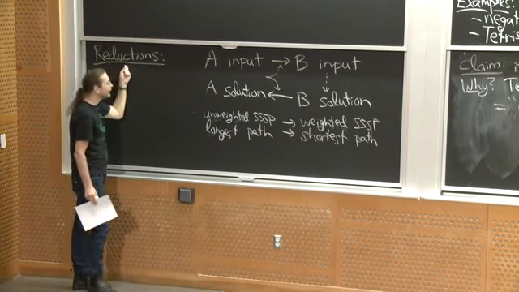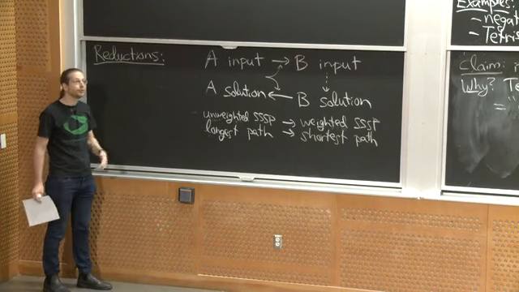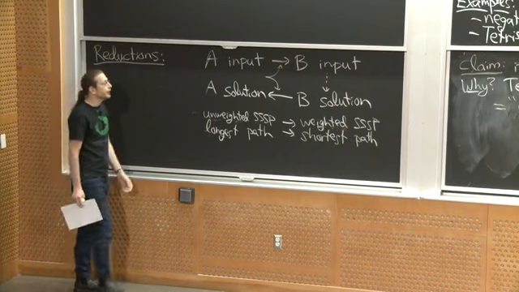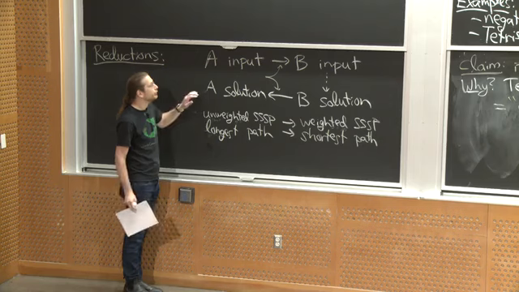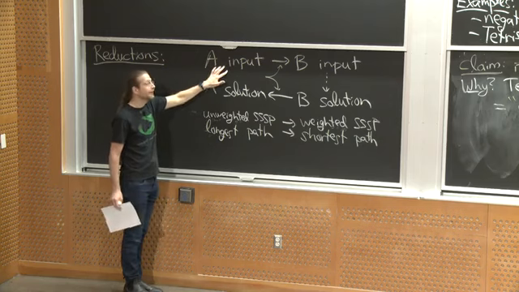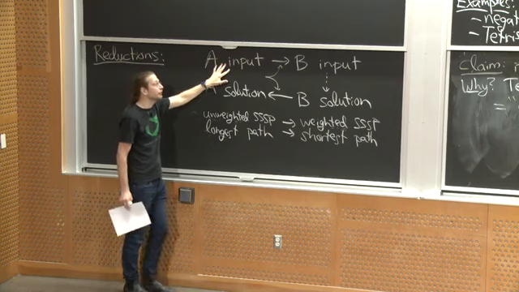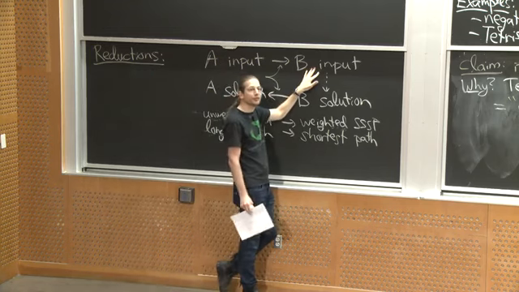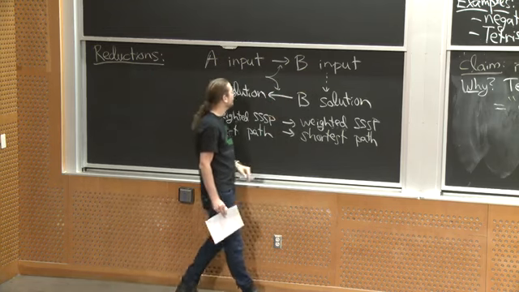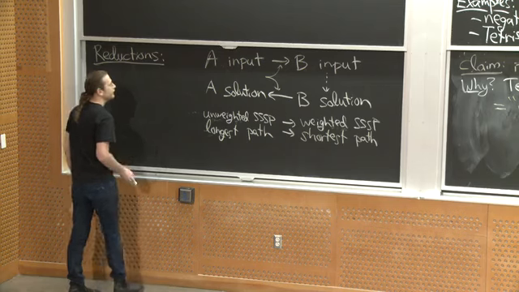But it turns out this same tool of reductions can be used to prove negative results too. And in this case, we're going to reduce from a problem that we think cannot be solved to the problem that we're interested in solving. Okay, so let me write more precisely what this means.